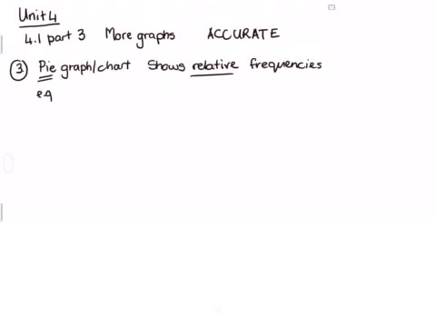So, for example, we asked people about what are their preferences in flavors of potato chips. So when you see the relative frequencies, it doesn't have to tell you how many people were interviewed.